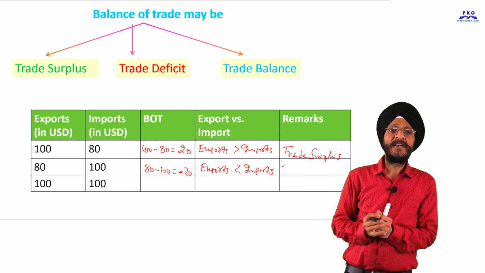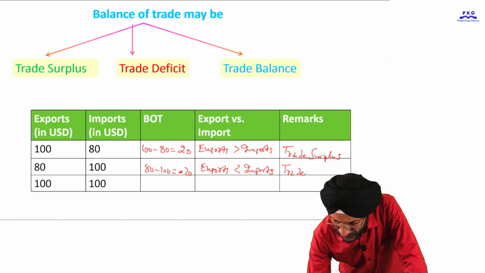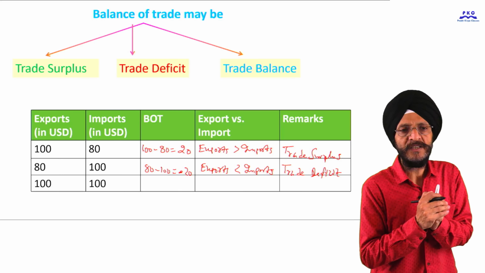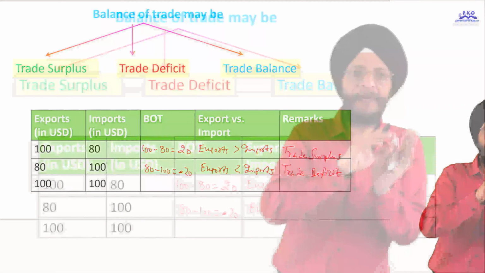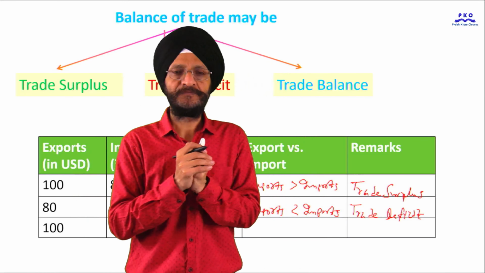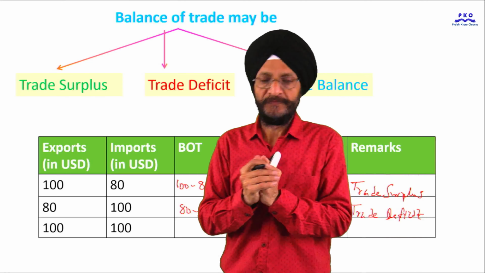So it is a trade deficit position. The country is having trade deficit because the value of its imports is more as compared to exports. It is also known as negative balance of trade.